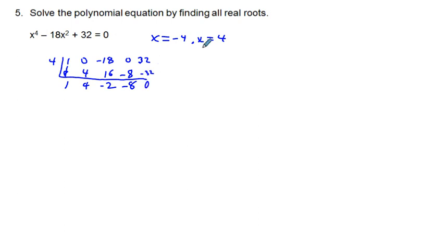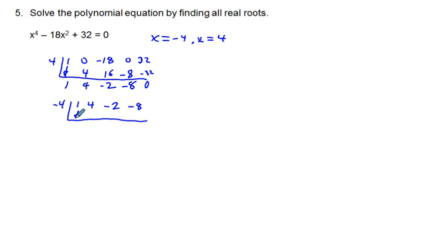And we also know we have -4 as a possibility. So let's go ahead and bring up this -4. 1, 4, -2, -8. And we don't have any remainder left over.